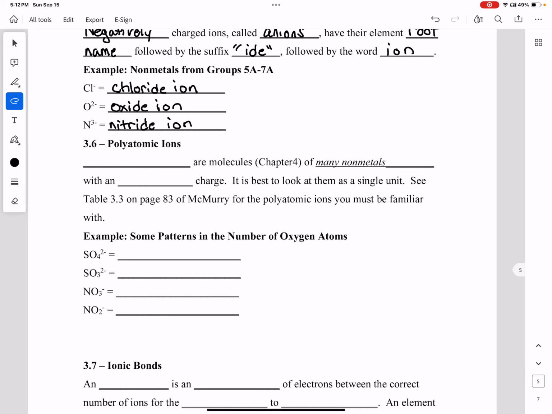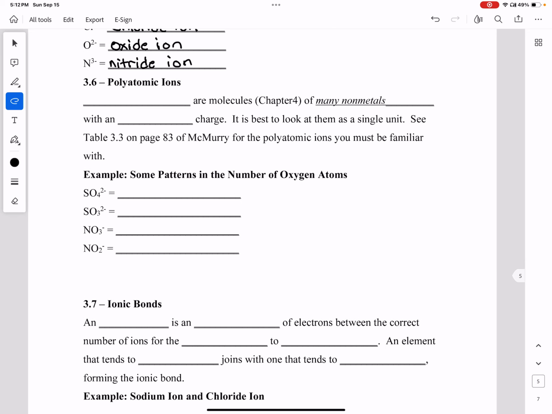Okay, if we have monatomic ions, we have polyatomic ions. So these are molecules, which we will go over in chapter 4. And looks like I forgot another blank here.